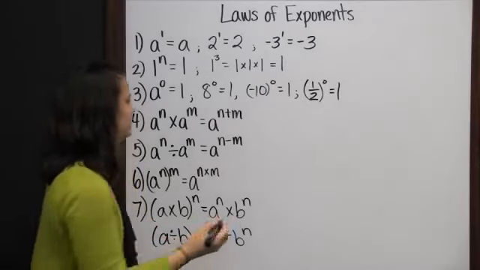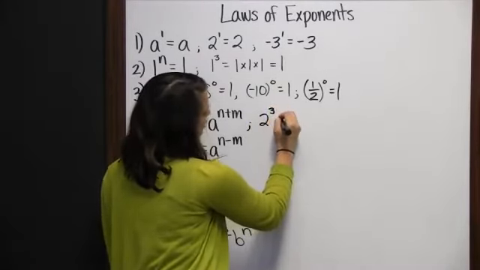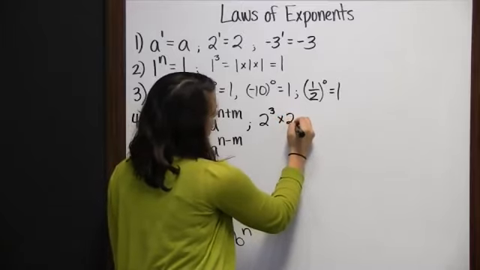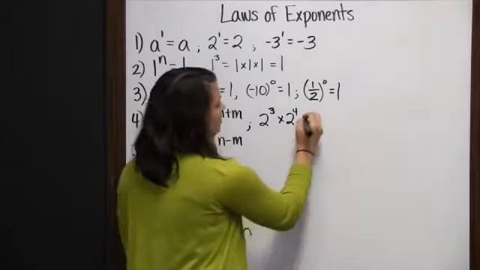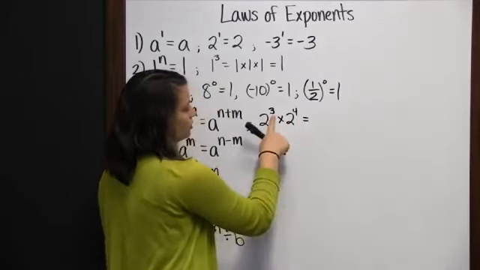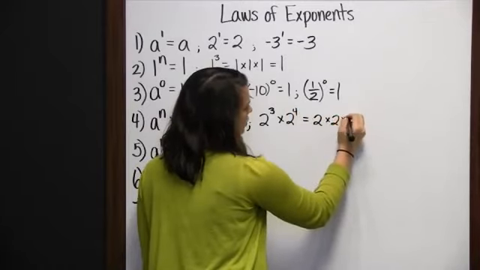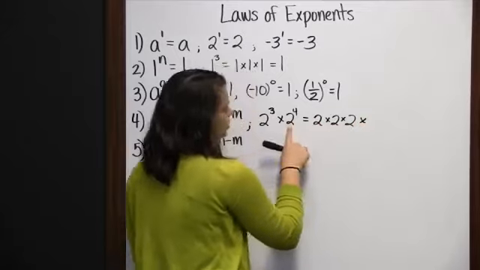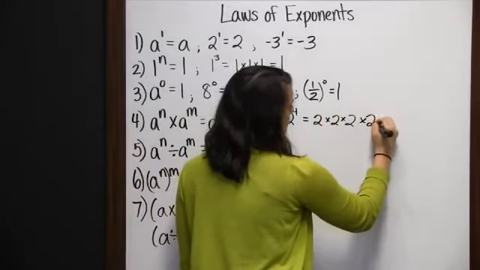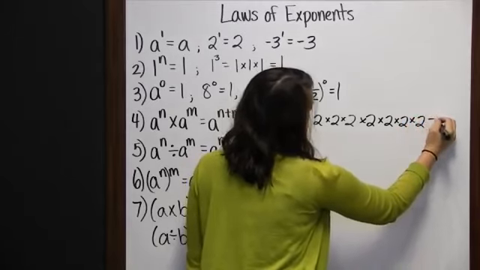Let's look at why. Say we were doing 2 cubed times 2 to the 4th. What that really means is 2 cubed is 2 times itself 3 times, so 1, 2, 3 times, times 2 times itself 4 times, so 1, 2, 3, 4 times.